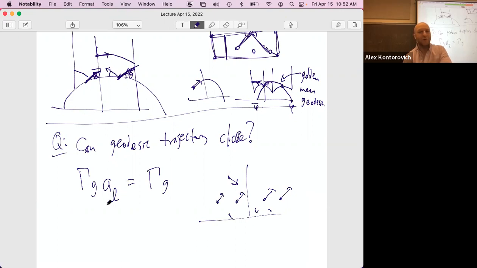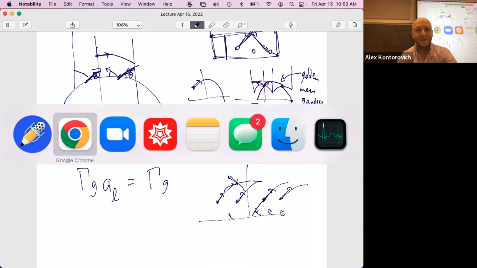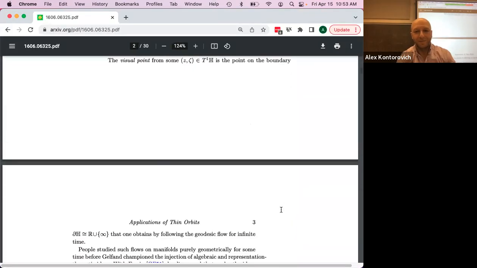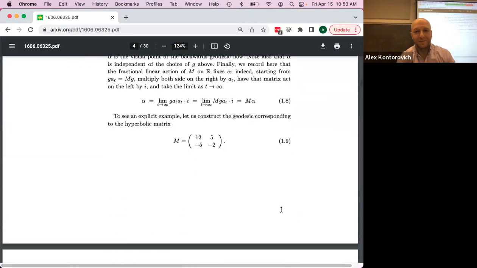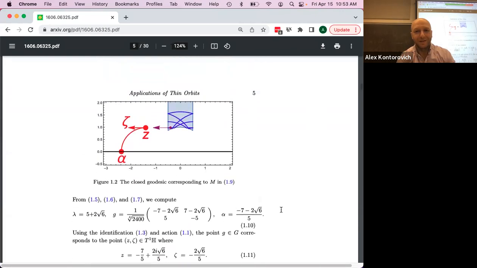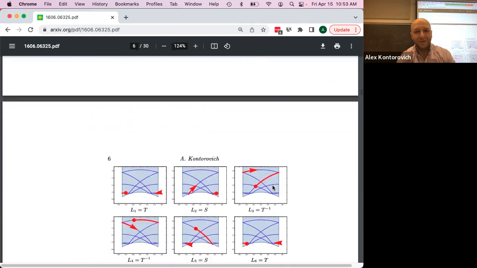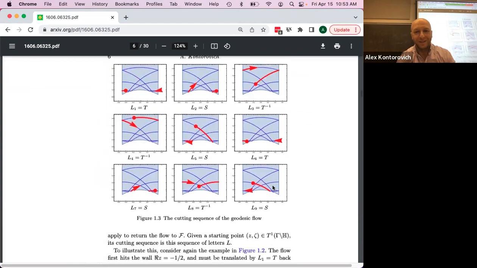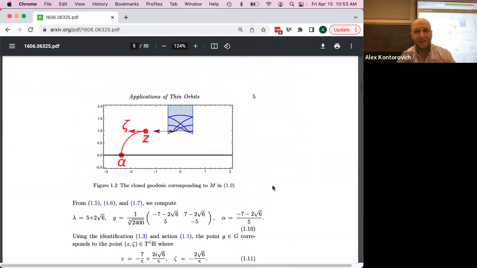Then I flow by the geodesic flow by all of them, and it could be that after a while, something comes right back to where it was. The picture stagnates. Did I not give a picture of it stagnating? I did not.